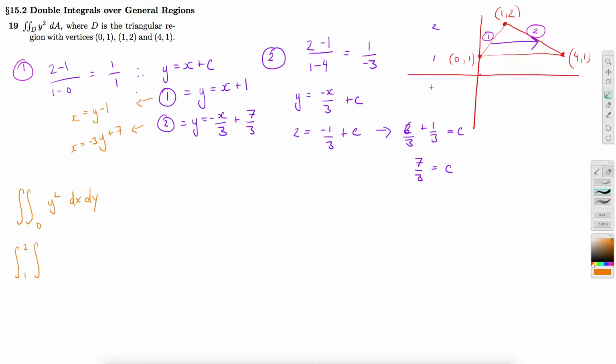So our lower bound, so it's going to be negative 3y plus 7, y minus 1, y squared dx dy. Right? Nothing works. Then you have to integrate this with respect to x.